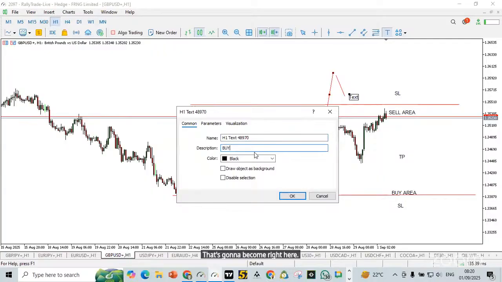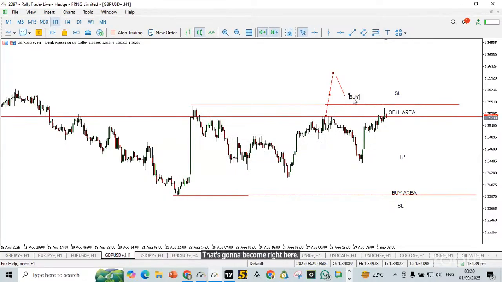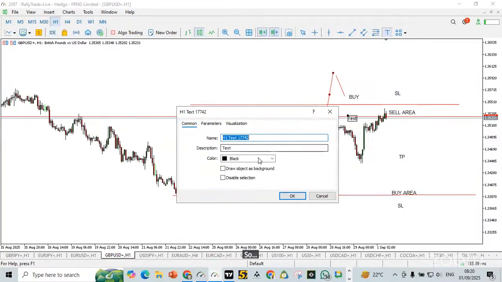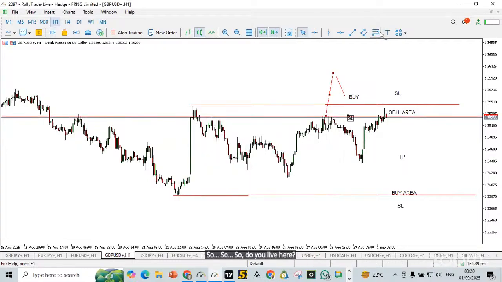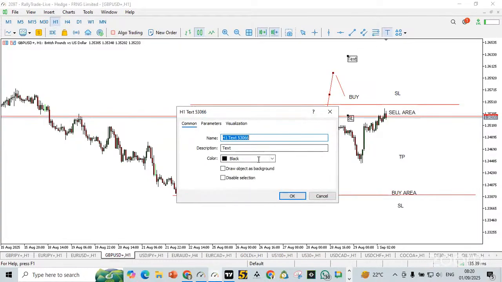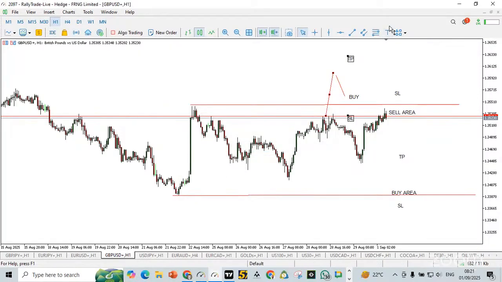This will be the SL down. So that would be the plan if there is a breakout.